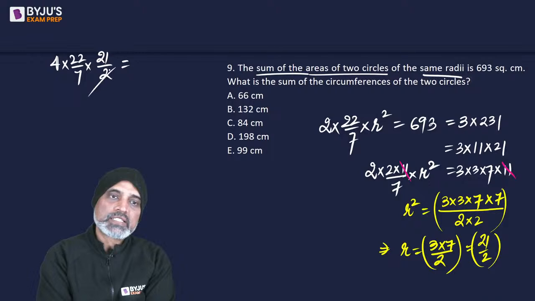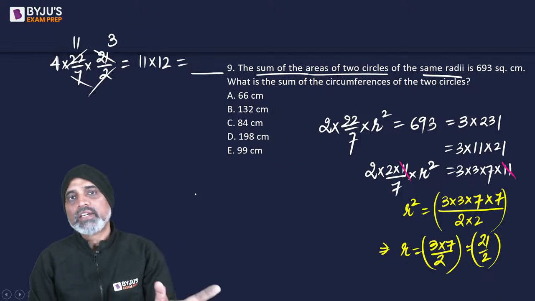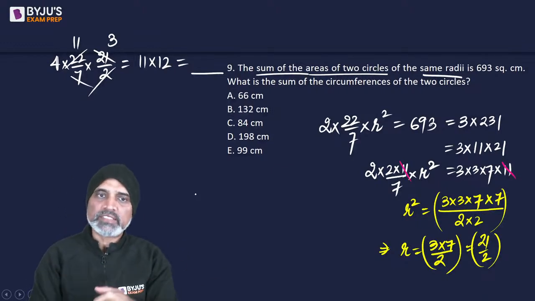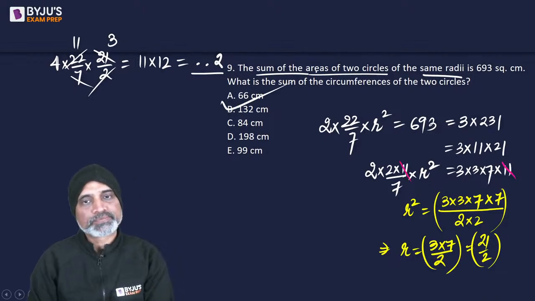So you will realize that this 2 is taken away and this 7 is taken away. So you are left with 11 into 12, which I believe a lot of you know that it's a 3-digit number and it ends in a 2. Right? There is only one option.